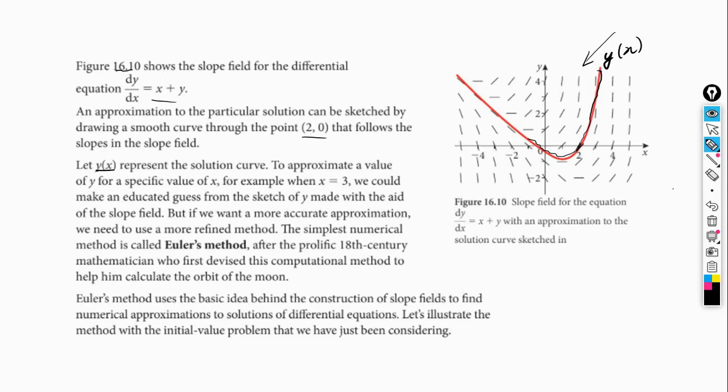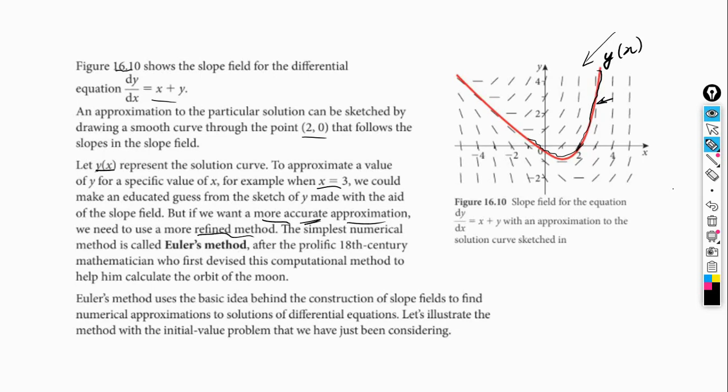To approximate a value of y for a specific value of x, for example, when x equals 3, this would be the value of y. We can make an educated guess from the sketch of y made with the aid of the slope field. But if we want a more accurate approximation, we need to use a more refined method.